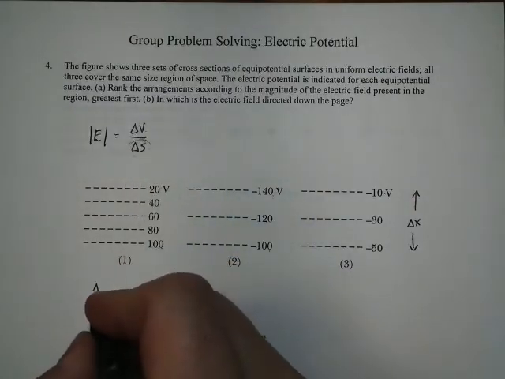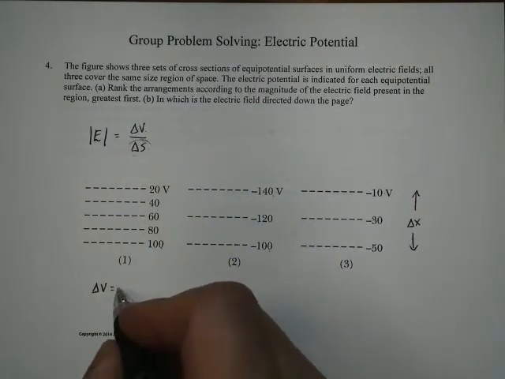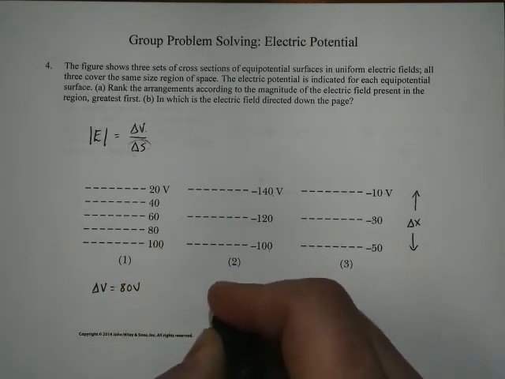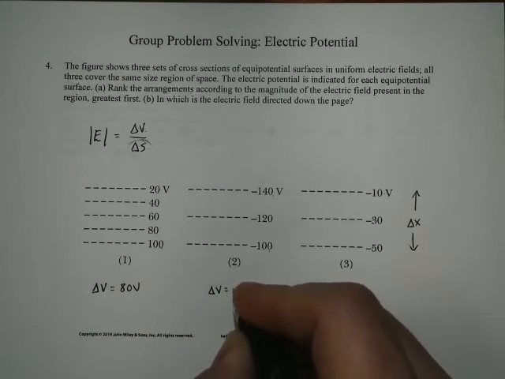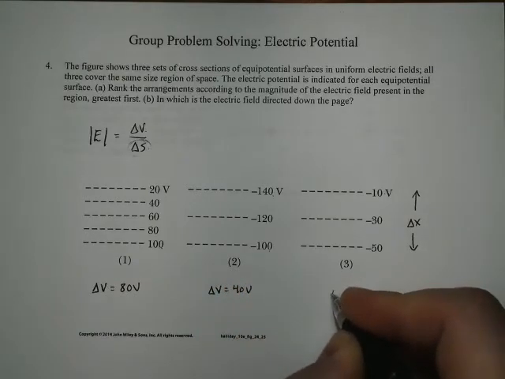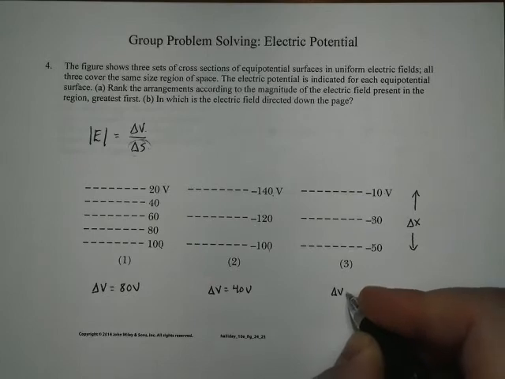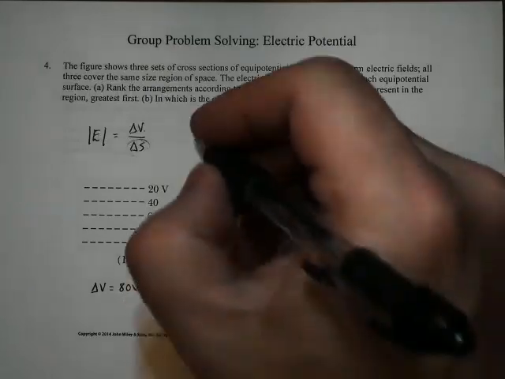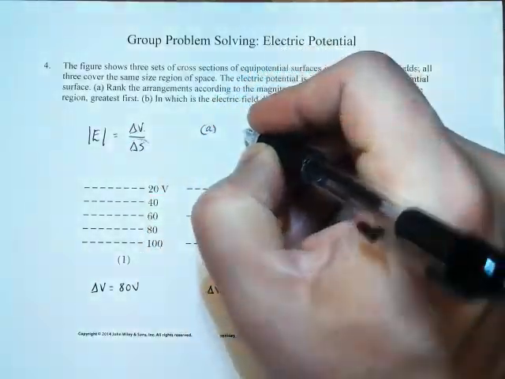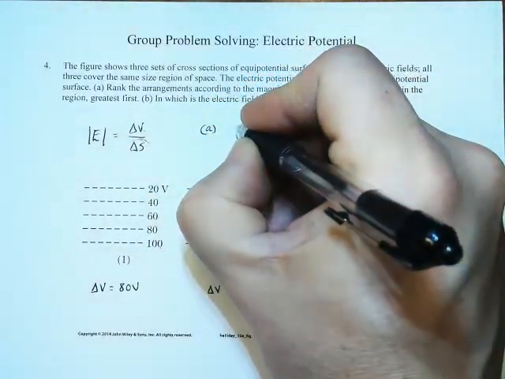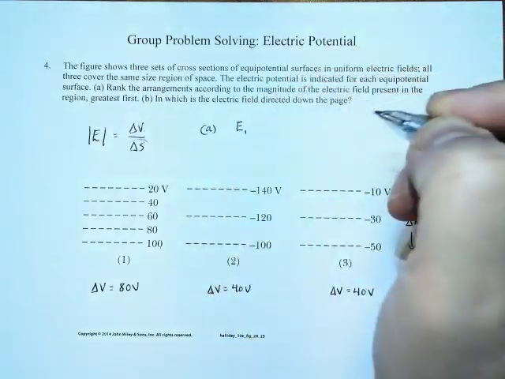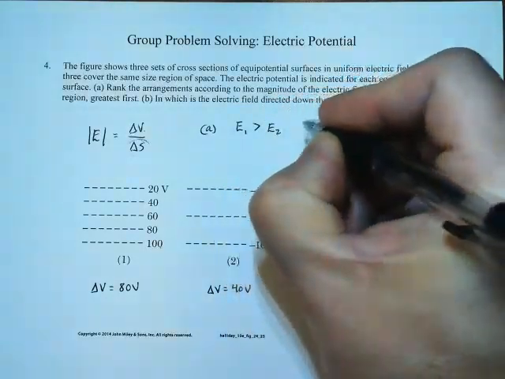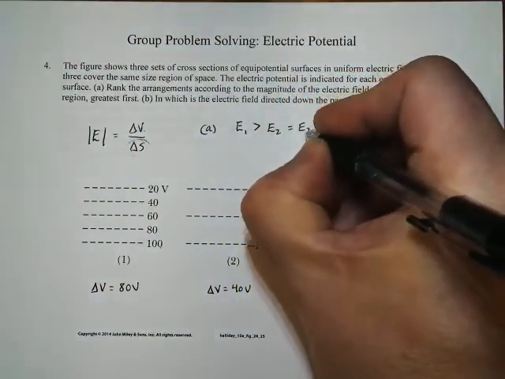And so the potential difference in scenario A, top to bottom, is 80 volts. The potential difference top to bottom in scenario B is 40 volts. Potential difference in scenario C, top to bottom, is also 40 volts. And that gives us our ranking for part A here. This must mean that scenario 1 has the greatest electric field, and that is greater than scenario 2, which is equal to scenario 3.